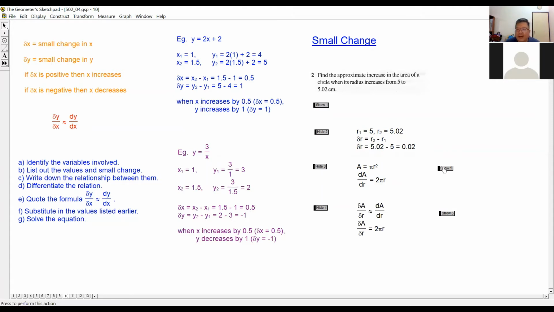Substitute the value inside. Delta A you don't know, you have to find out. The delta R you know, 2 pi you know. The problem now is there are two R's, R1 and R2. Which one do you substitute? You substitute R1 because normally R1 is a whole number, and the other number is a decimal.